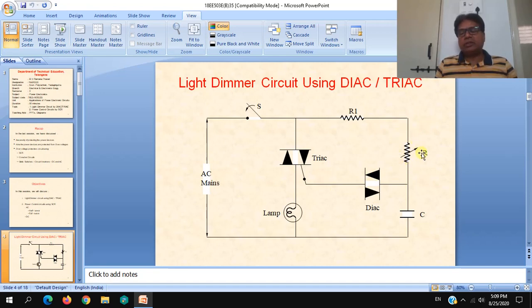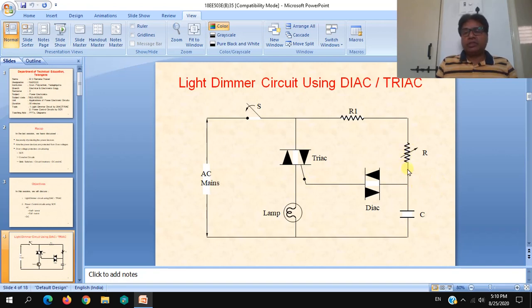So the firing angle at which this triac should be turned on via the diac can be adjusted by adjusting the value of this variable resistance R, and eventually by adjusting the time taken for this capacitor to get charged to a voltage sufficient to turn on the diac. Just think that if this diac turns on at some 10 volts, then this capacitor should be charged to 10 volts, and only then can the diac conduct.